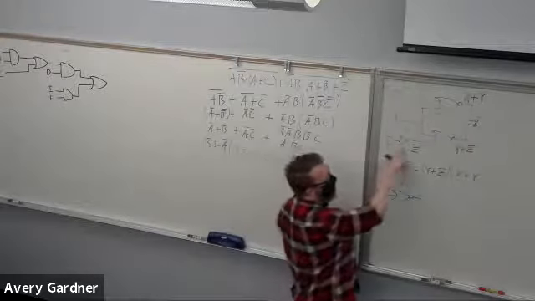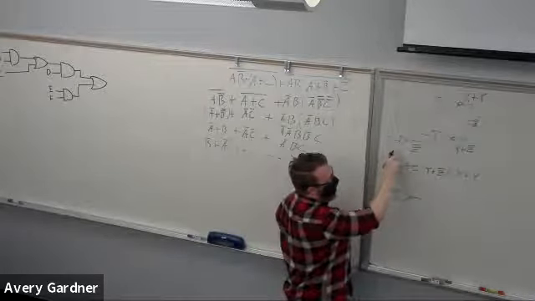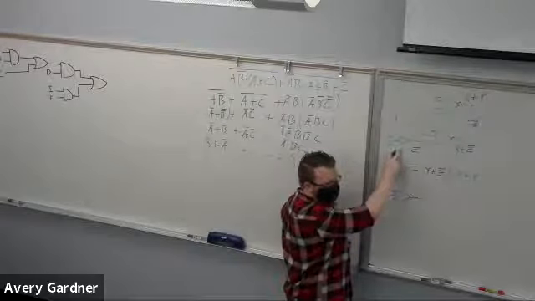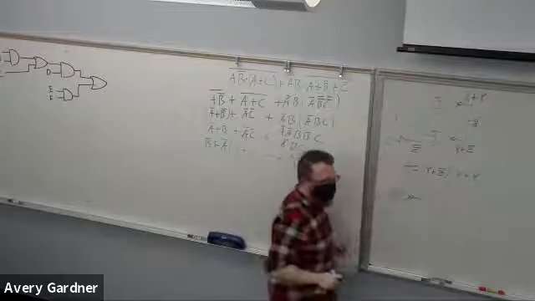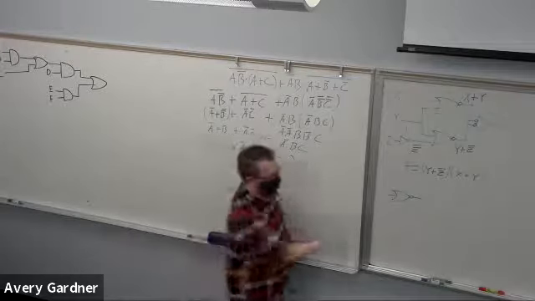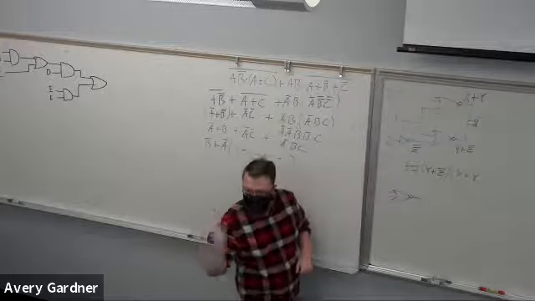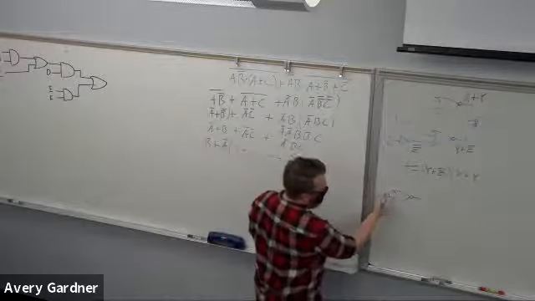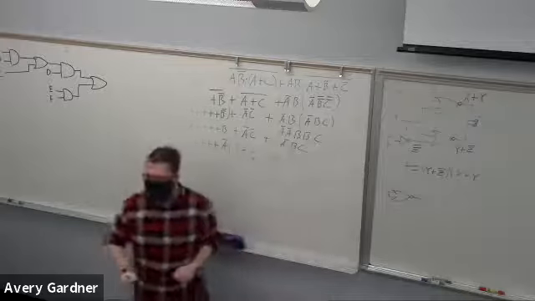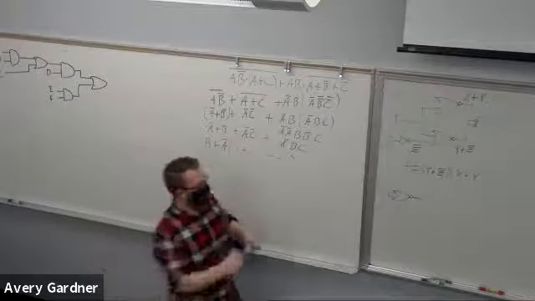Now this inverter, if I want to just use a NOR gate, I can use a NOR gate as an inverter. How would I do it? How do I wire up the NOR gate? Just cross the inputs. Does everyone see that? What is this truth table?